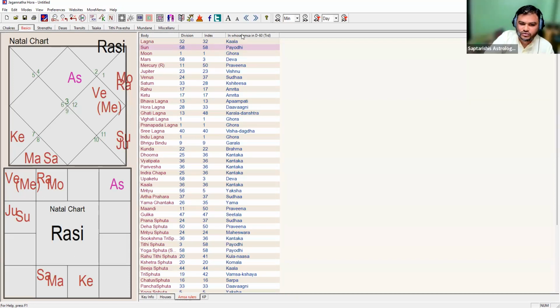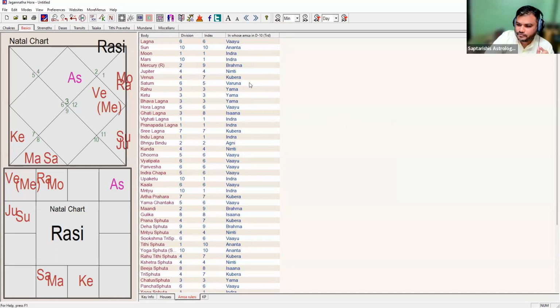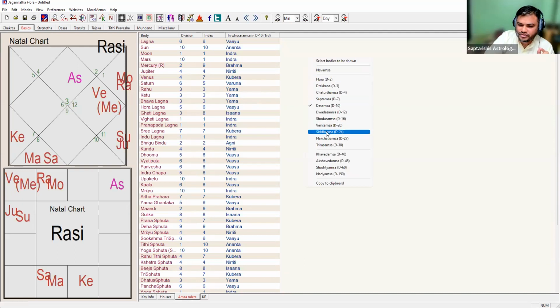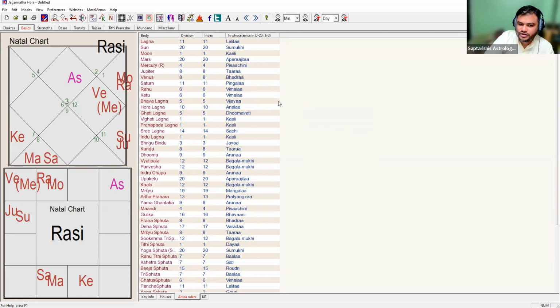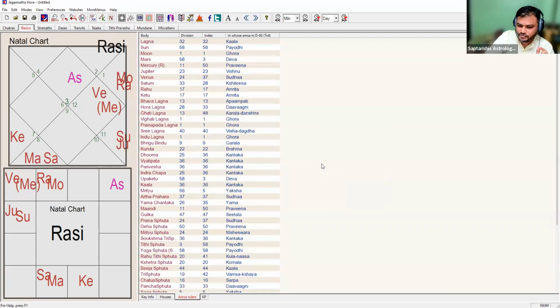You can see here in whose Amsha each falls in D60. Every Amsha has a specific name. This is not only for D60; in D10 also you can see the Amsha. You right click here and check. In D20 Vimshamsha, again there is an Amsha. Today we will discuss these Amshas.